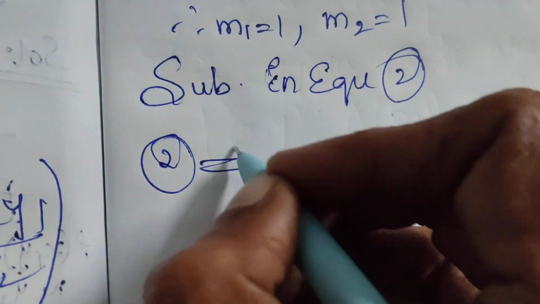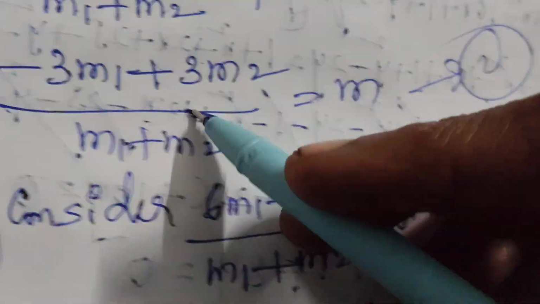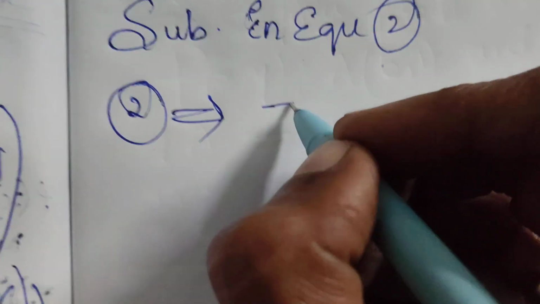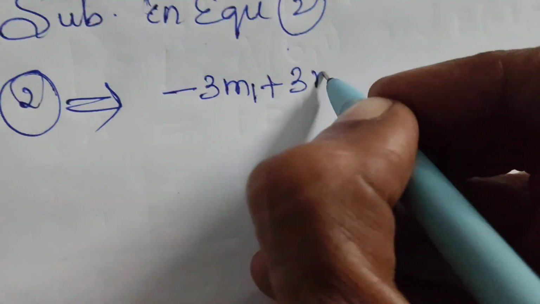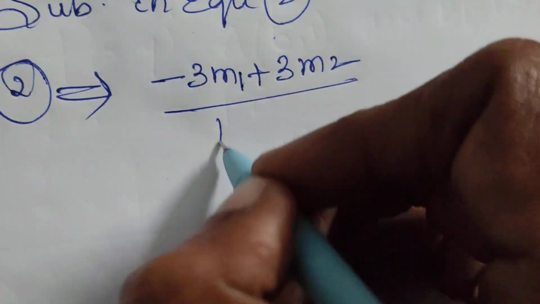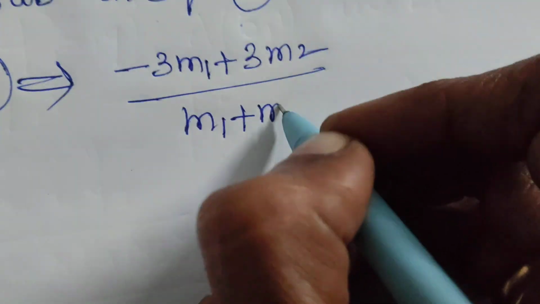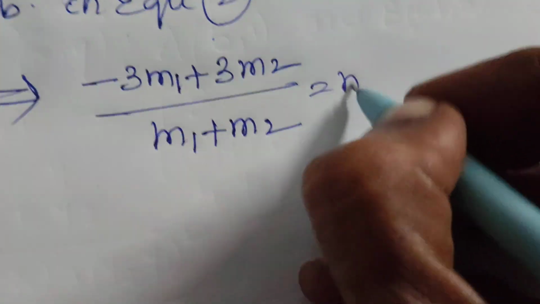Equation 2 means (minus 3 m1 + 3 m2) by (m1 + m2) equals m.